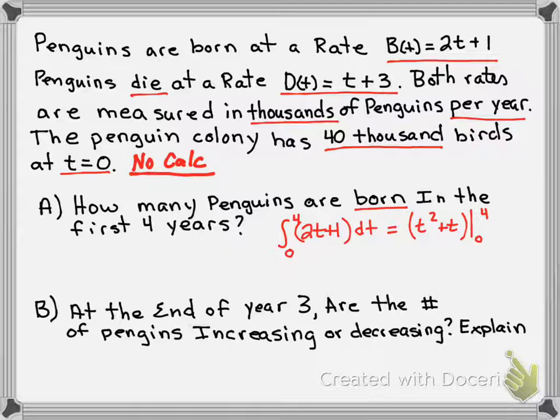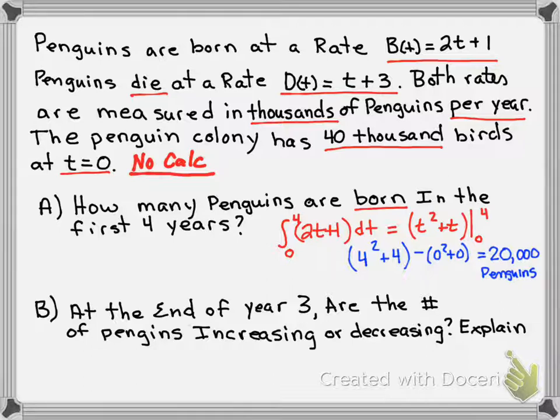Now all we're going to do is plug in our limits. 4 squared plus 4, minus 0 squared plus 0. 4 squared is 16 plus 4 is 20. But keep in mind, this rate was in thousands of penguins, so this is really 20,000 penguins. That's our answer to part 1.